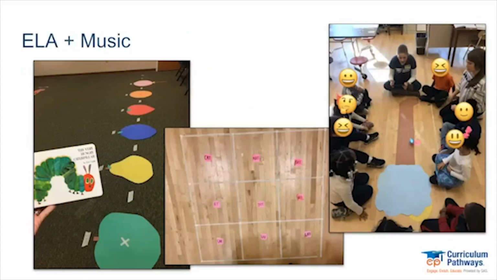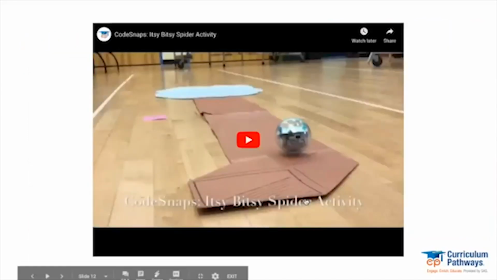So this is a great way for them to show their understanding of word families and that recognition, and then do a fun coding activity on top of that. And then finally, the last picture is coding the Itsy Bitsy Spider. So this could be both language arts and telling a story, or music, as you can see in this video.